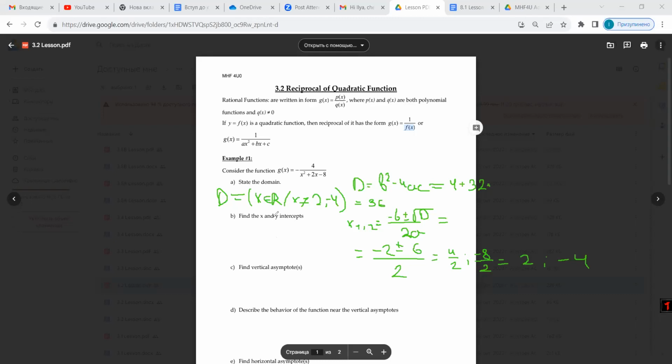Find the x and y intercepts. So we can see that there are no x-intercepts because this function never equals 0. But there is a y-intercept when x equals 0: f of x equals negative 4 over negative 8, which is 1 over 2.